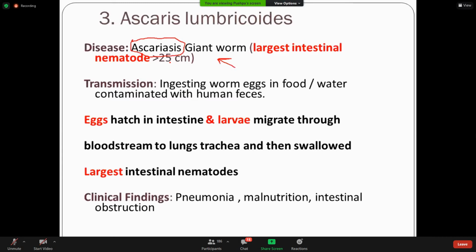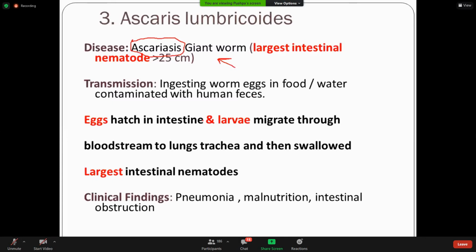It is like 12 inches long, or you can say 11 inches long, around that measurement.